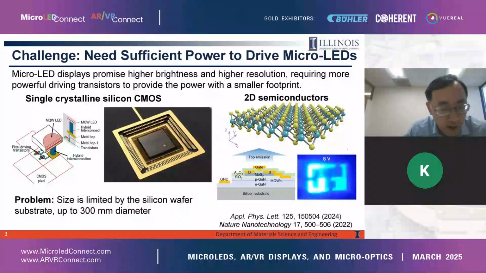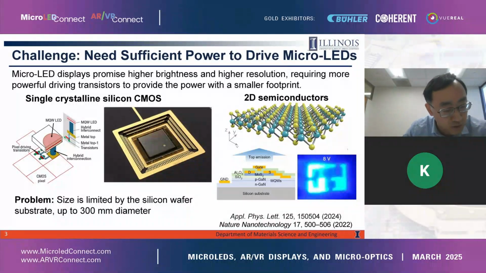Compared to LCD and OLED displays, the much higher current flowing through the inorganic micro LED makes it almost impossible to drive them using thin film transistors built on conventional materials like amorphous silicon or even semiconductor metal oxide. Instead, people typically have to use single crystal silicon transistors, the so-called silicon CMOS backplane.